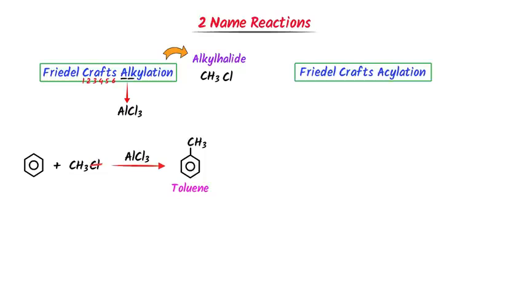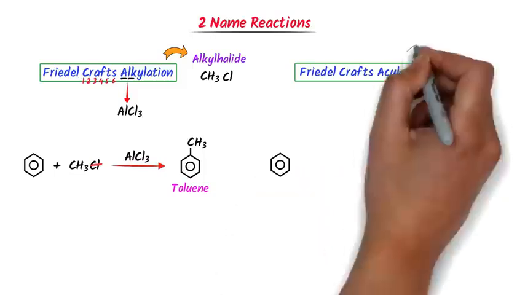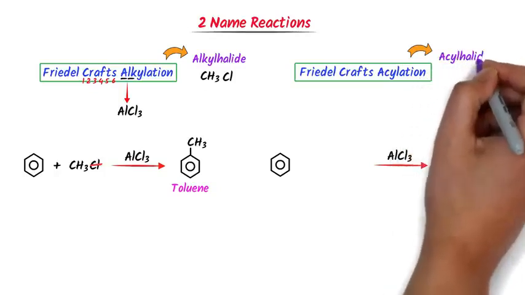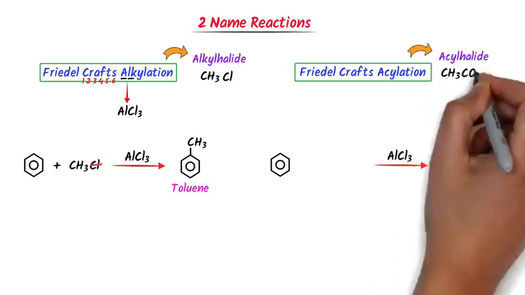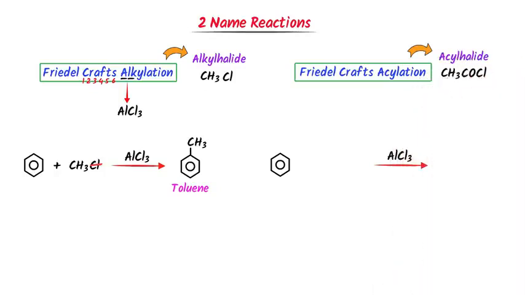In case of Friedel-Crafts acylation, I take benzene and AlCl3 and I write them here. Now the word acylation means acyl halide like CH3COCl. I write here CH3COCl. We know that here we cut Cl.